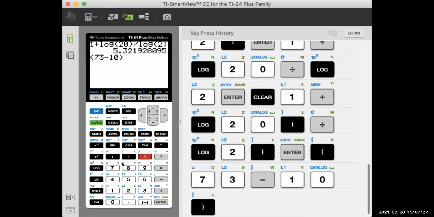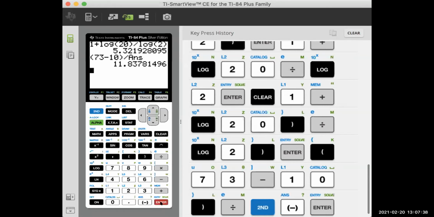Then in my parentheses, divided by this number here. I'm going to be lazy and just use my previous answer. So I get 11.83781496. Did everyone get that?